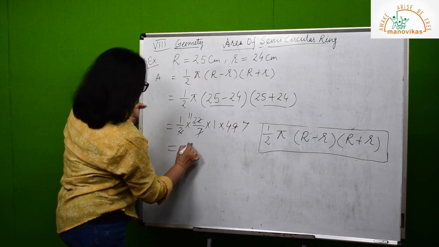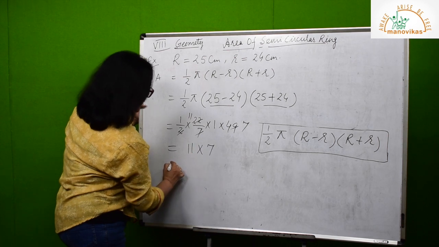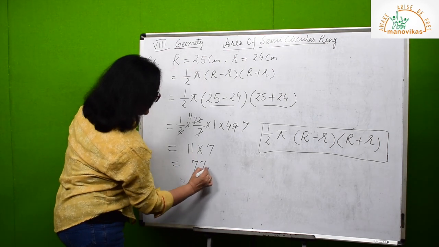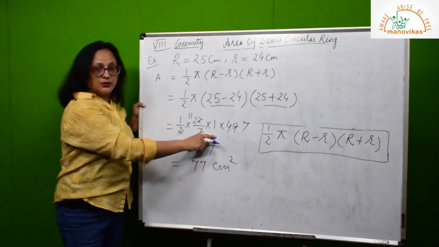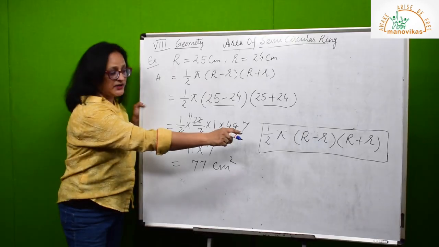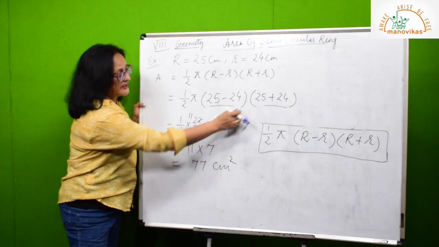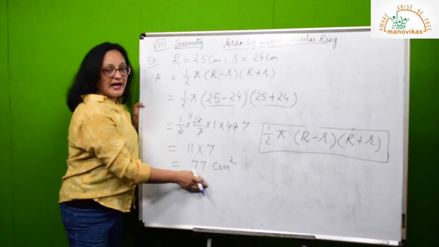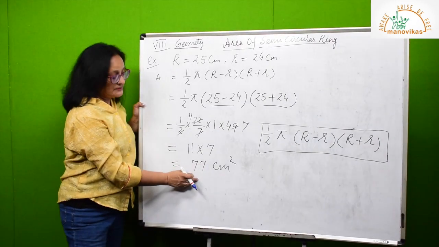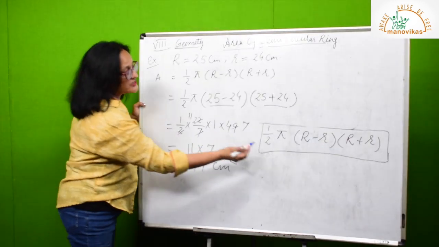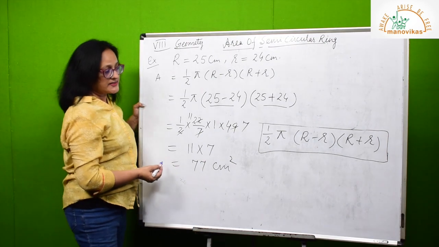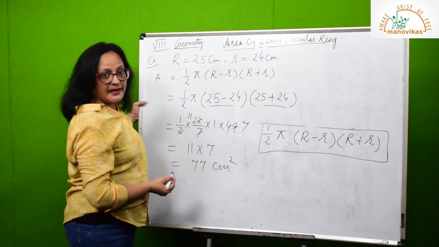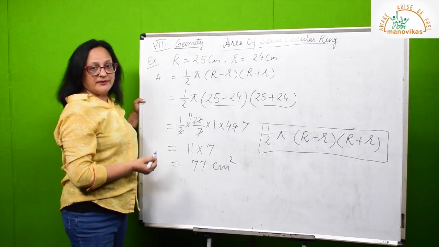So now you will get 11 into 7, that is equal to 77 centimeter square. See here, without doing any calculation in writing, just mentally you have got the answer. All the calculation becomes so easy. So that's why always use this form of the formula, (R minus r) and (R plus r). I hope you have understood.